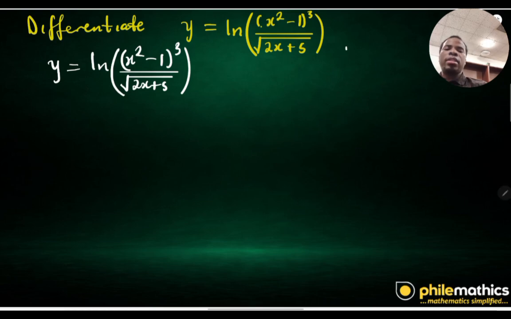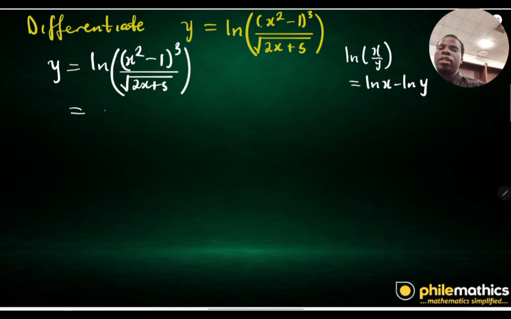Recall that the logarithm of x over y is log of x minus log of y. We can do the same here. This is log of (x squared minus 1) all cubed minus log of the square root of 2x plus 5.